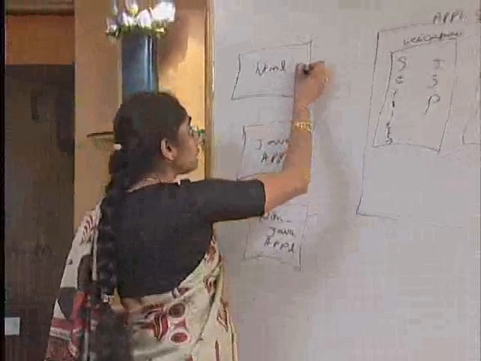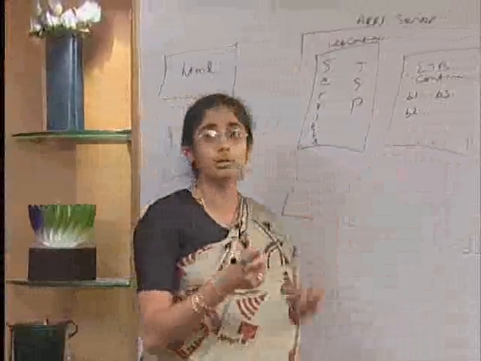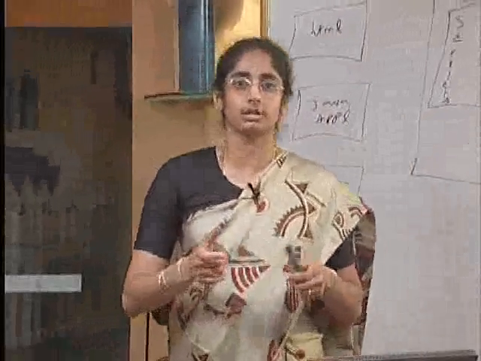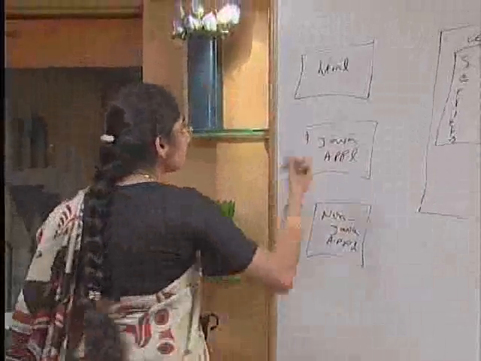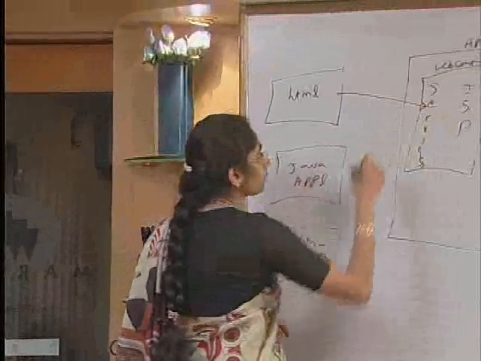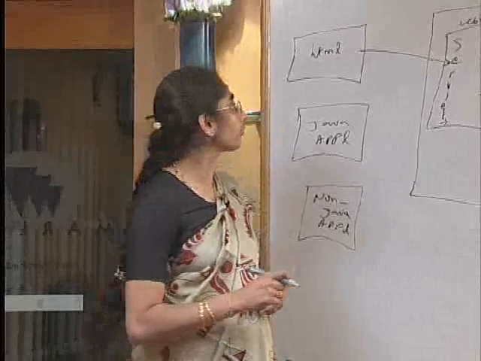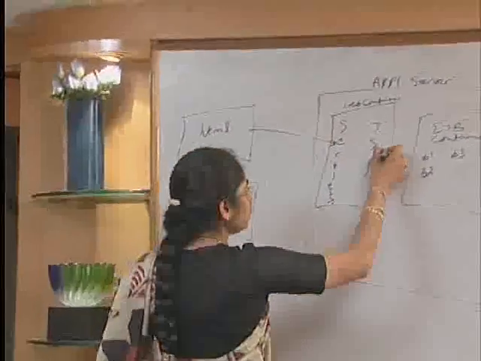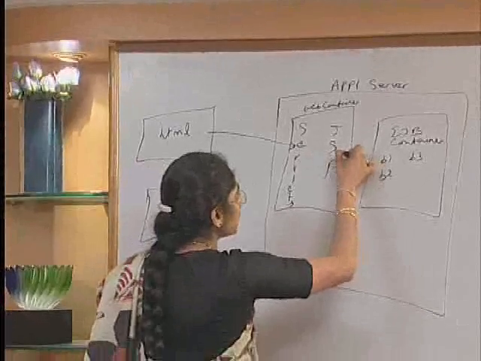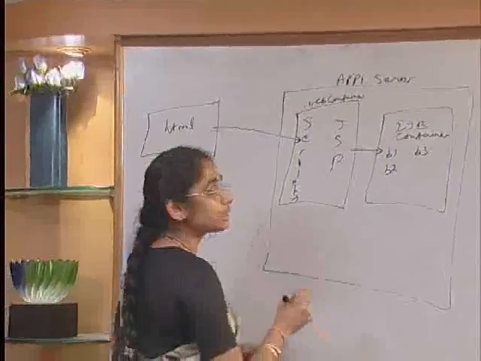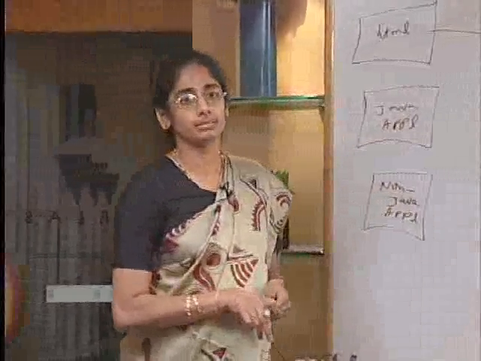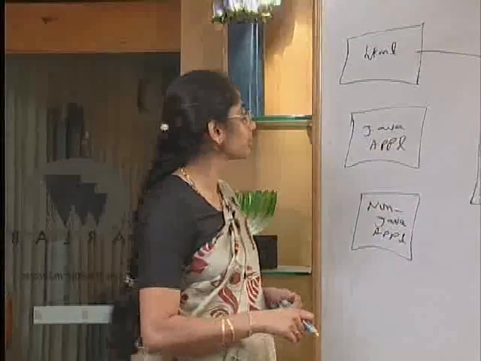The HTML client of course cannot talk to enterprise bean business logic straight away. HTML calls for a servlet or a JSP, which means it talks to a web container. And the servlet or the JSP in turn uses the beans for its business methods.